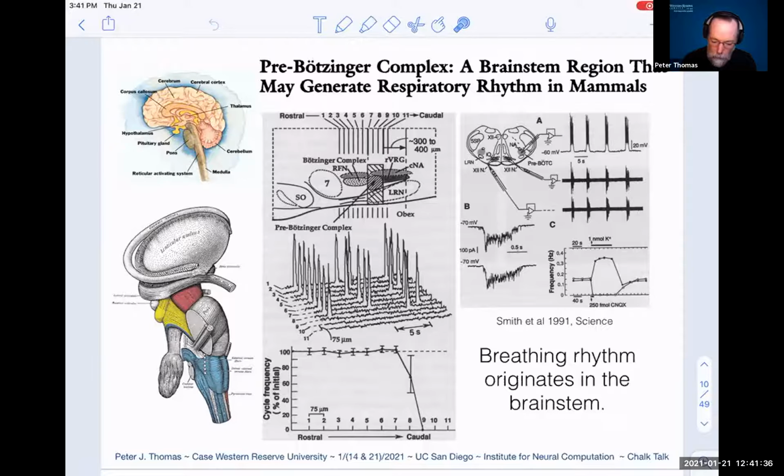Basically, this breathing rhythm is being generated in the brainstem, and you can dissect out the brainstem. Here's the brainstem dissected out, and you can take out this little piece of it down here, and you can just cut slices of it away. You keep cutting it away until it stops breathing. By which I mean, you can put an electrode in here and record, and you see what are called fictive breathing patterns.